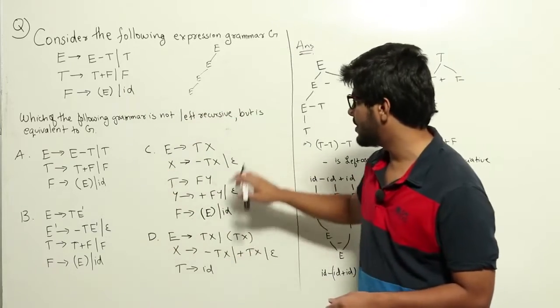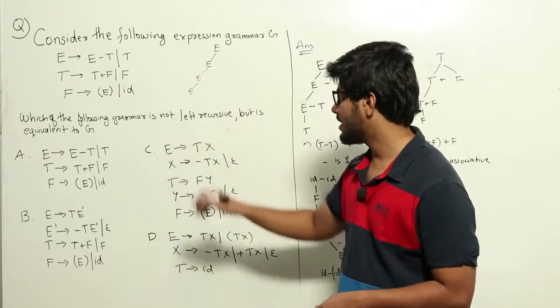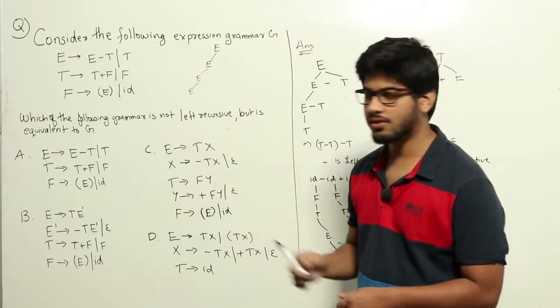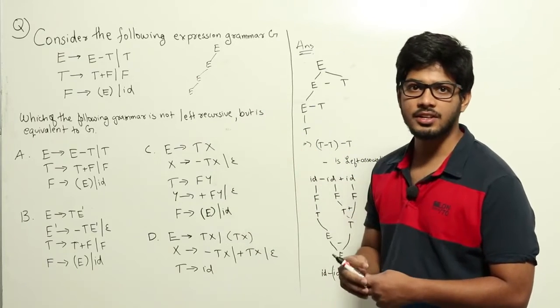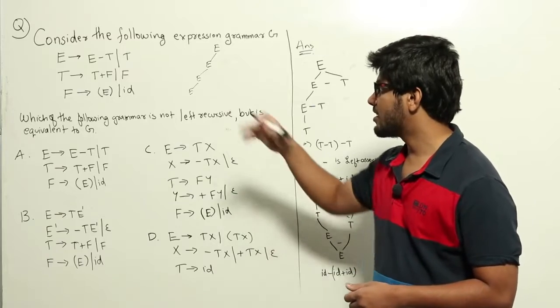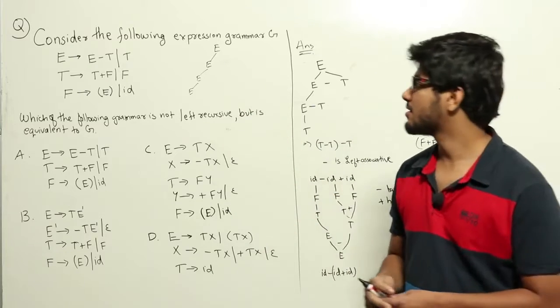So we just need to eliminate the grammars which are not equivalent to this or which have left recursion, and we can eliminate the options and find the right answer. So I'll be using that approach for this question instead of directly trying to eliminate left recursion here. To understand how to eliminate left recursion, as I said, please refer to the video lectures.